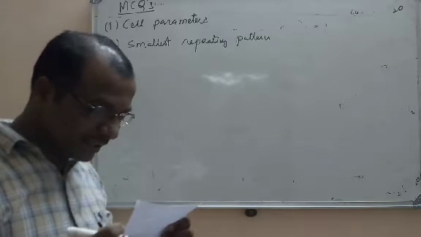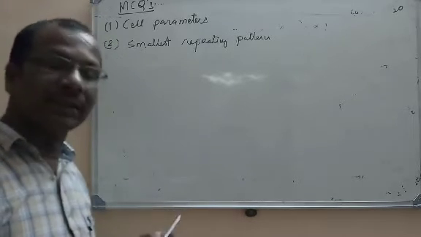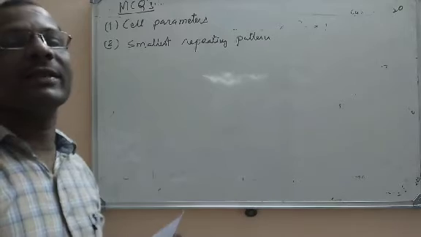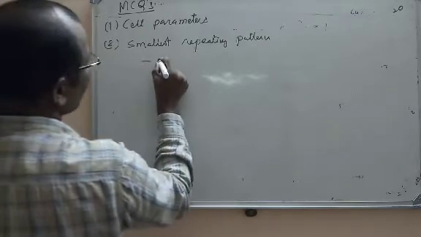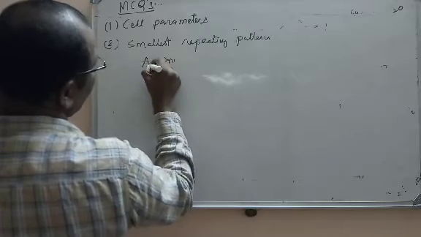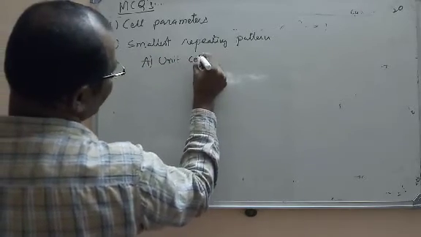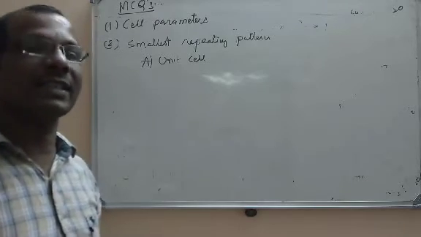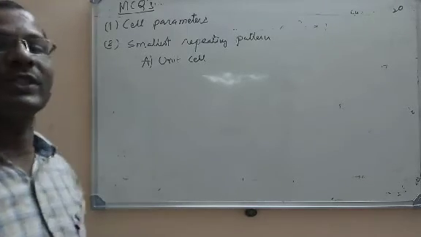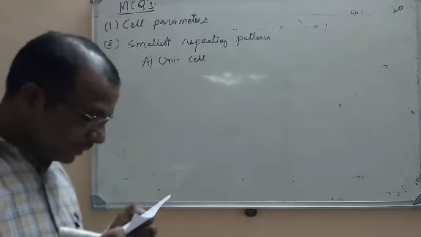Second one, crystal lattice. C, both. D, none. What is the smallest repeating pattern of any crystalline system? Unit cell. So what is the option for it? A. That is nothing but unit cell. Unit cell will be repeated several times in all the directions to generate the crystal lattice. So unit cell is the option.